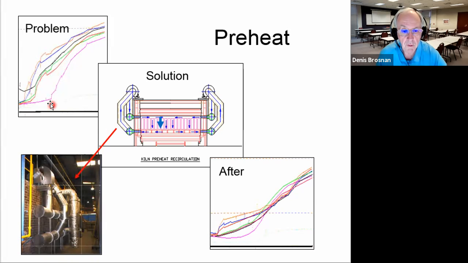So we noticed that in preheat we weren't getting good heat distribution. So the solution was to put in these recirculating systems on the preheat section of the kiln, take hot air and blow it downward into the setting. And then the same traveling thermocouples are shown here to determine the heat distribution in preheat.